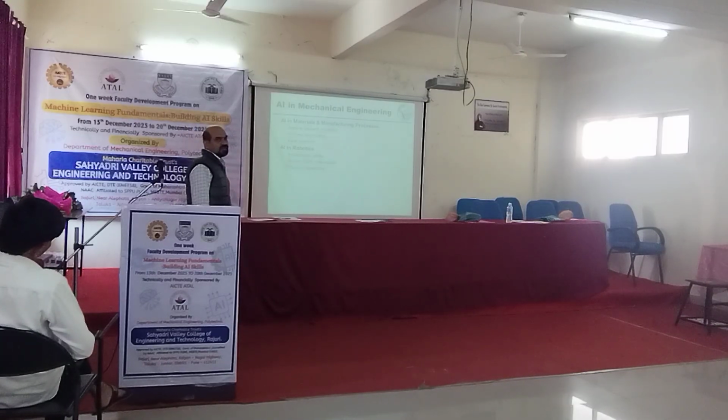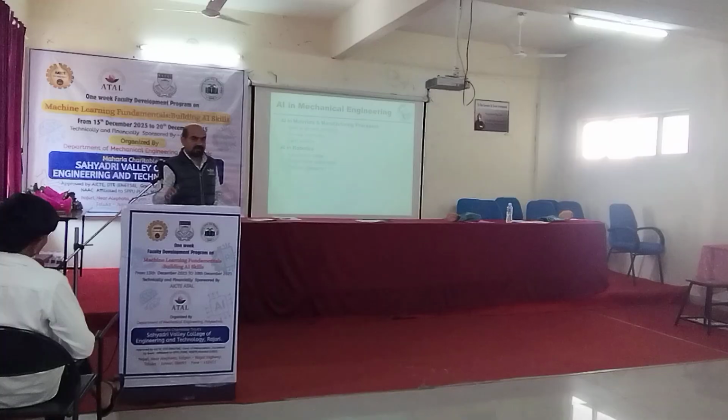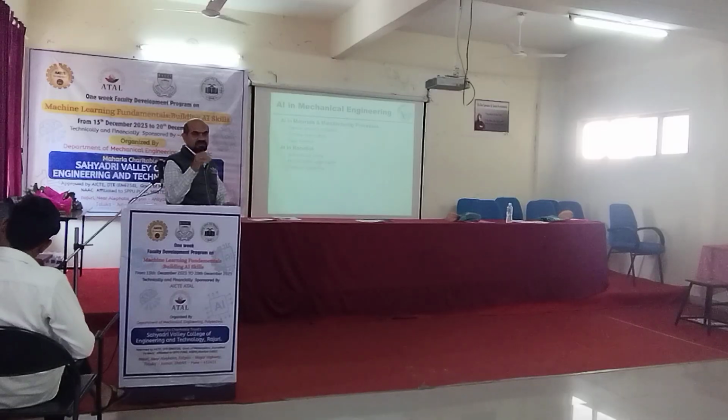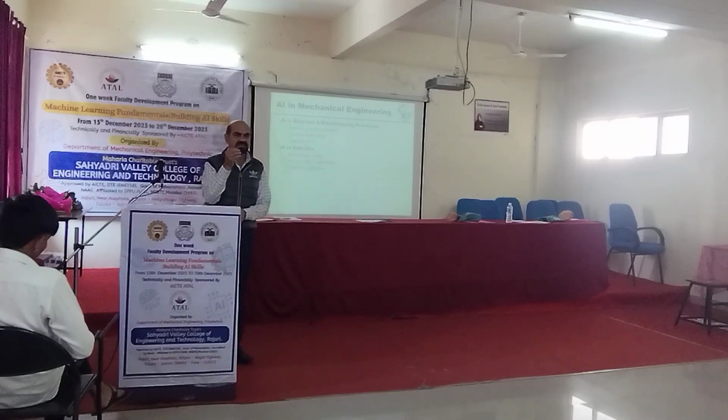I just told an example: e-commerce warehouses use robots to segregate the material. Then human-robot collaboration: you can give instructions to the robot, and the robot works on that. You can see many videos of a robot working as a waiter, a robot working as a nurse, like this. Precision operations we discussed; we require small precisions in the applications.